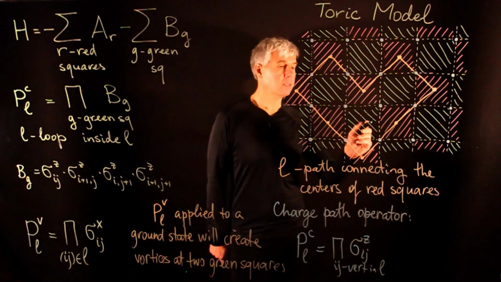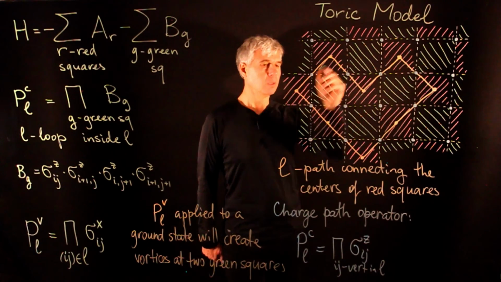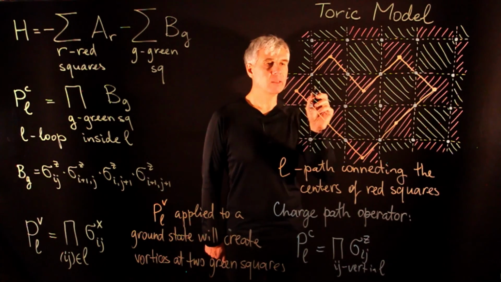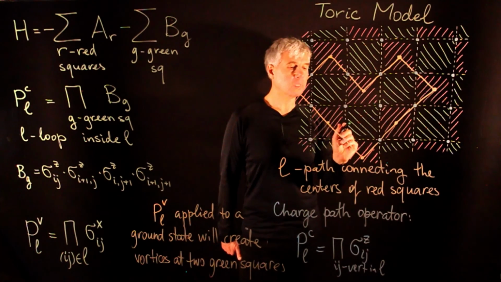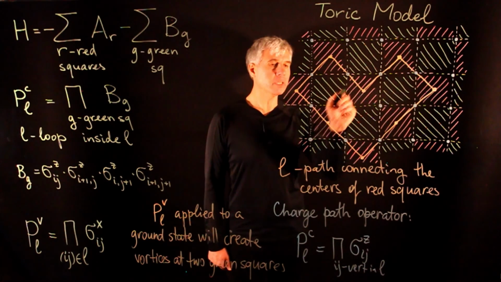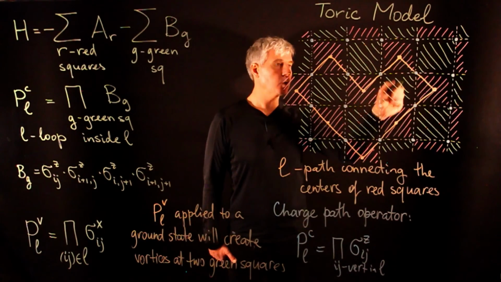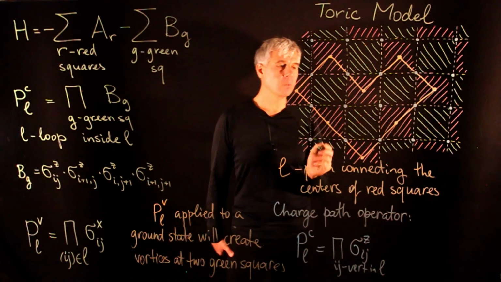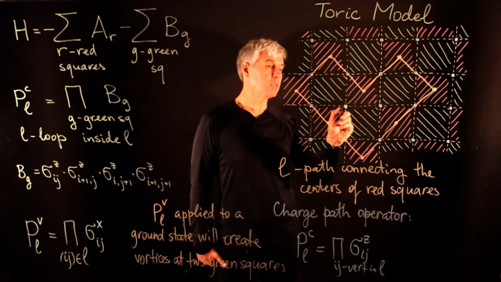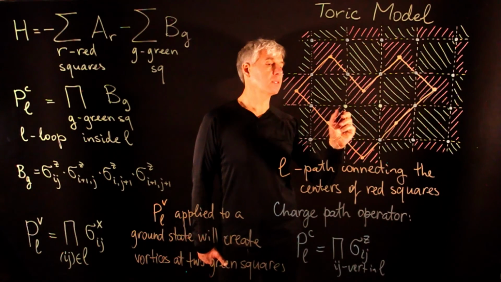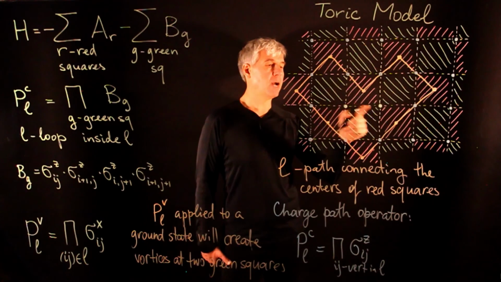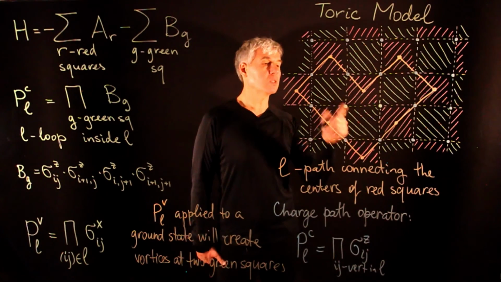So inside this path in this picture, we have 3 green squares. And we claim that the product of sigma z operators along the path and the product of sigma z operators at the boundaries of these squares are the same. Well, the points involved are not quite the same, because, for example, there is this point and there is this point that do not belong to the path. But these points inside the path will belong to 2 green squares.